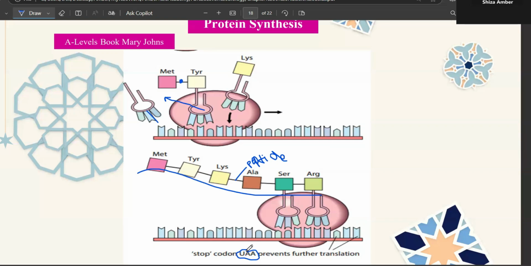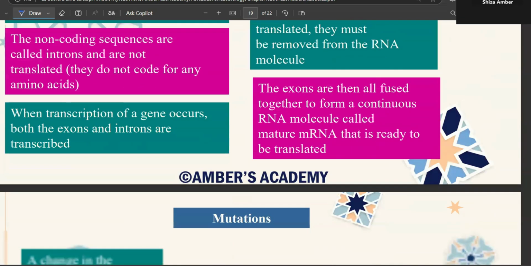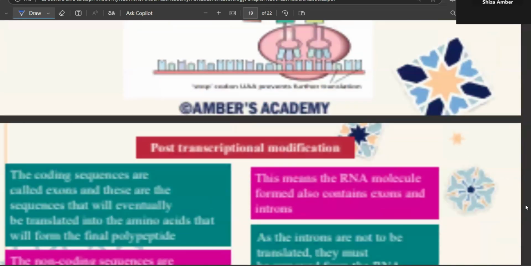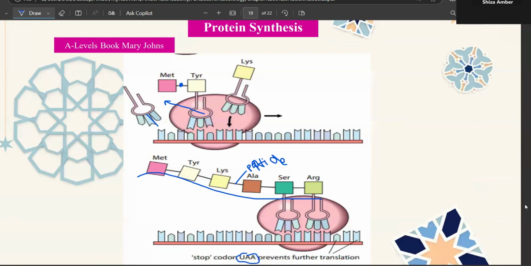And start codon will initiate, while stop codon will terminate the polypeptide synthesis. ठीक है? I know it's hard to understand, पर हो जाएगा. Just don't worry. अच्छा. So let me know if you have any questions up till now.